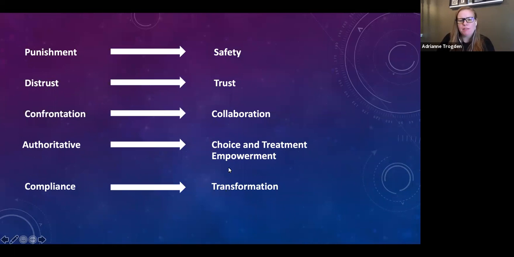So thinking about that, if the environment you work in has a lot of people that have both trauma and addiction, we might have to look at our treatment programs a little differently and figure out how we can move towards some of these things on the right and away from some of these things on the left that might historically have been a part of treatment programs.